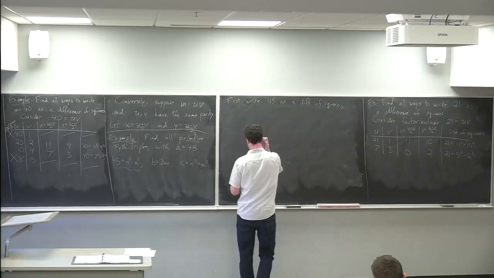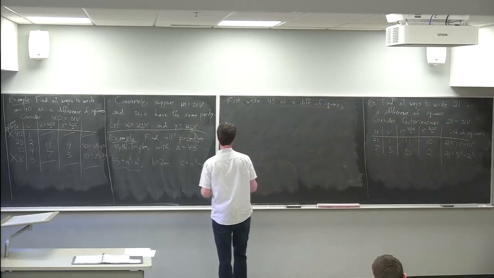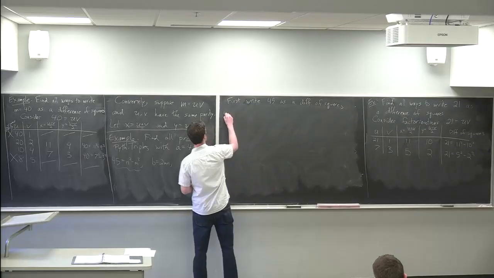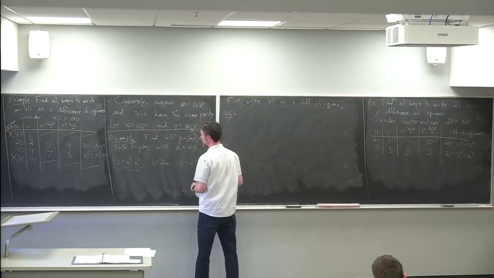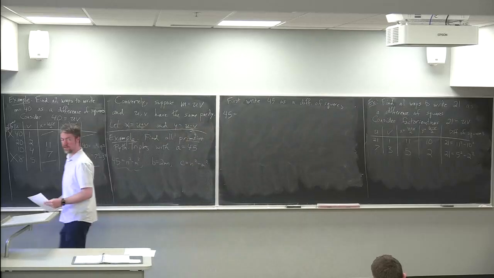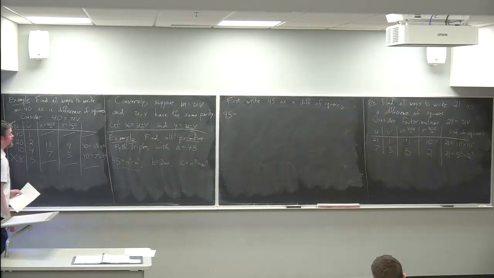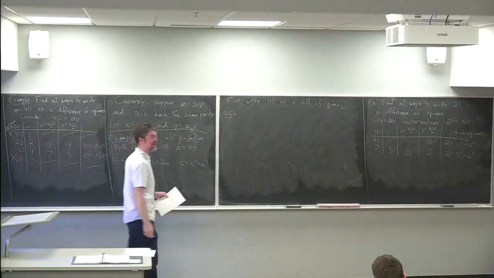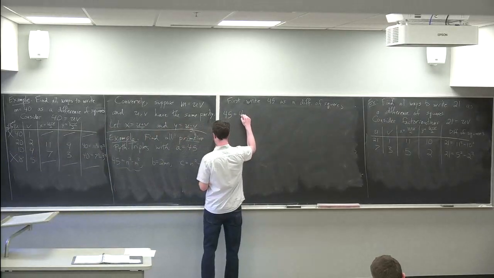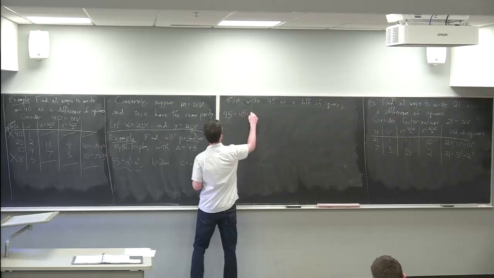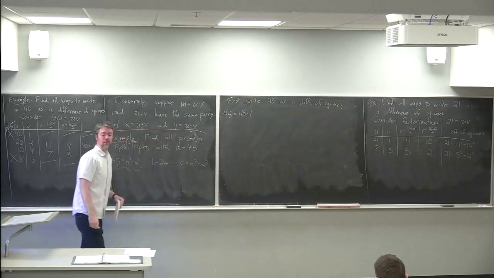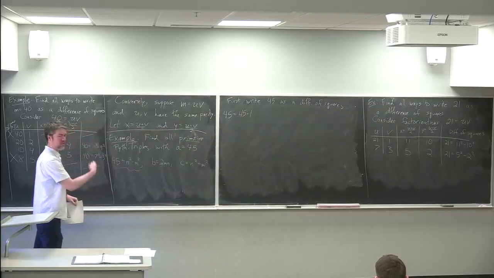Okay, and so, just maybe a little less organized if I don't have the table now. But what are all the factorizations of 45? You could do 45 as 45 times 1. That's a u and a v.